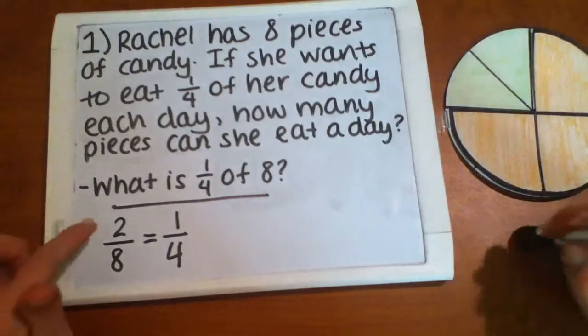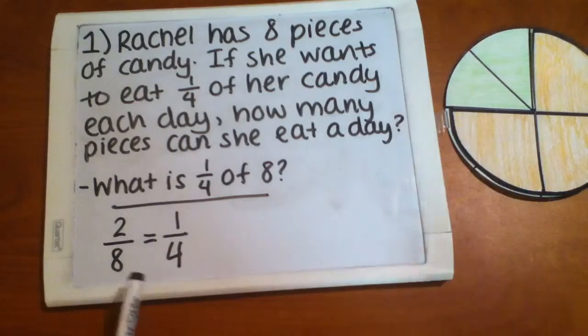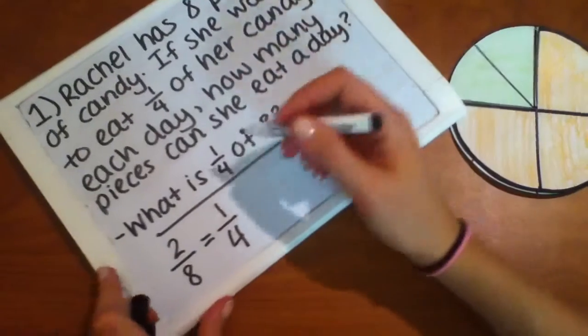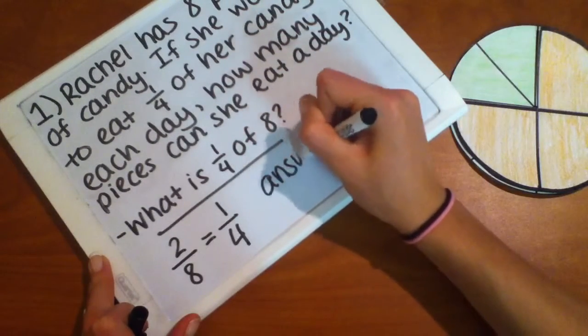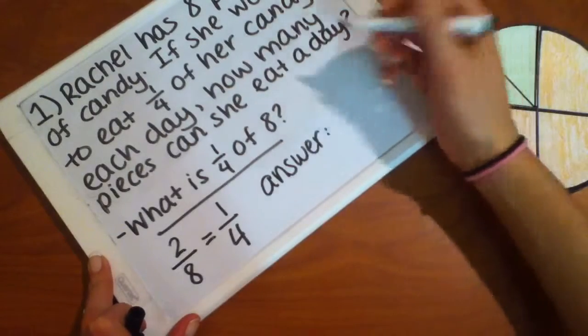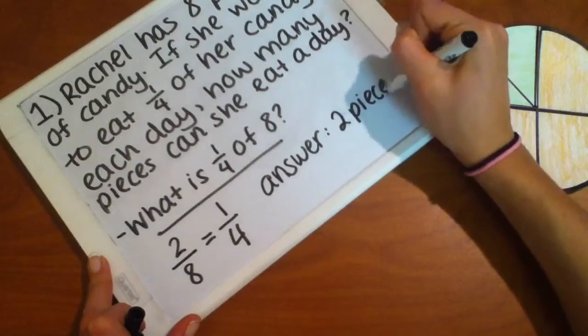So to answer the question, what is 1/4 of 8? We have our equivalent fraction right here. 1/4 of 8 would be 2. So our answer would be 2 pieces a day.